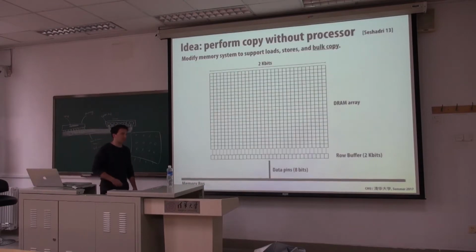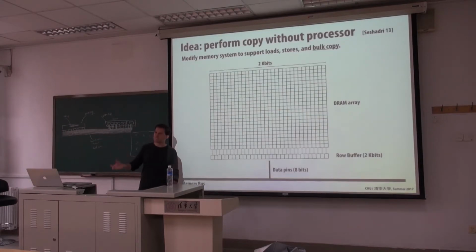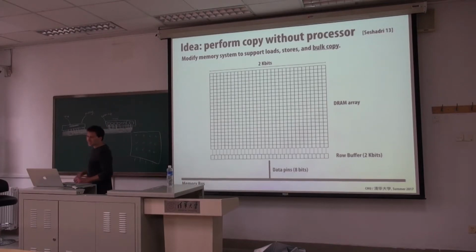So recently, some people have been trying to say, well, for simple operations like moving data, why is a processor doing that? Why can't I send a command to memory which says, please move this data from here to there? And now that you know how DRAM works, you can think about some very easy ways to do that efficiently.